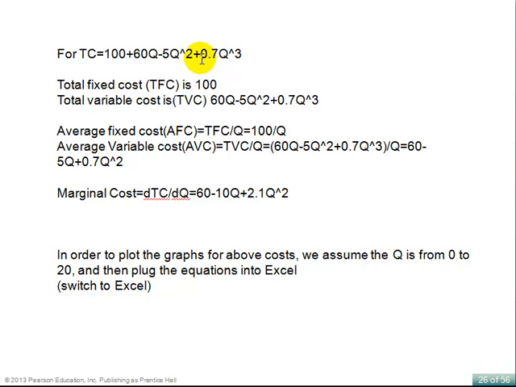Plus the derivative of 0.7Q cubed is 0.7 times 3 times Q squared, so it's 2.1Q squared. In order to plot the graphs for the above costs, we assume that Q is from 0 to 20. Then plug the equations into Excel sheets.